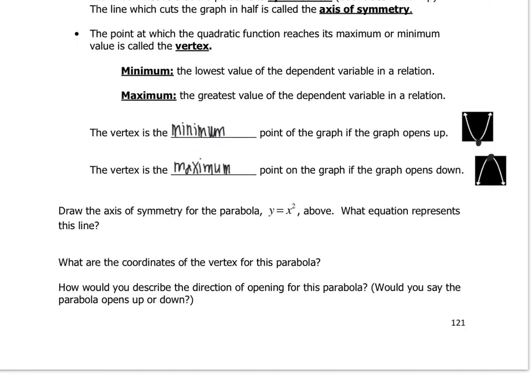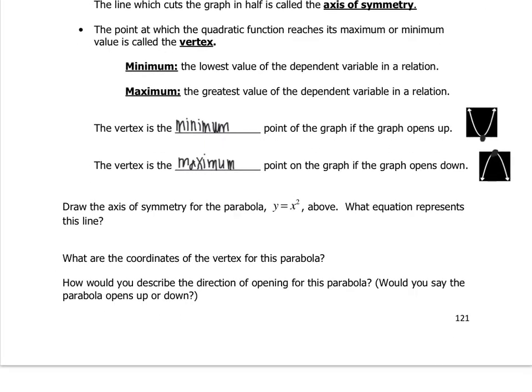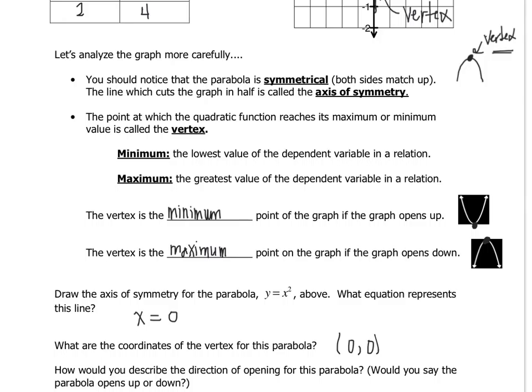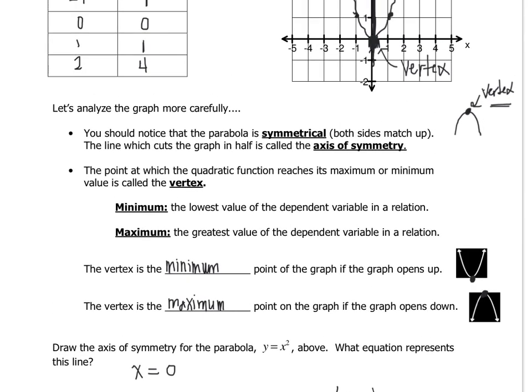Every vertical line can be written as x equals a constant. So we know it goes through the vertex, and it should have the same x coordinate as the vertex. In our case, the axis of symmetry was x equals 0. The vertex for that parabola above, if you look back, was (0, 0): x equals 0 and y equals 0 at that point.